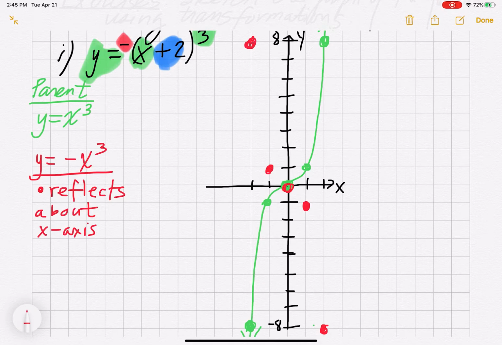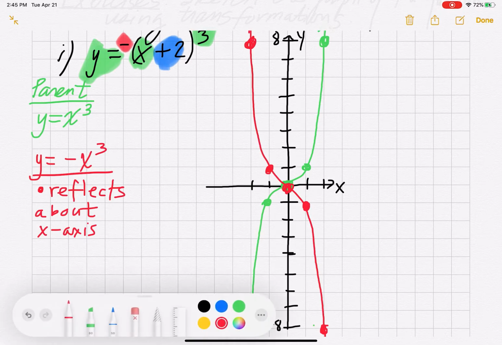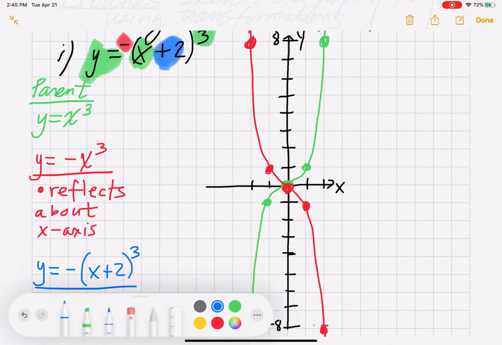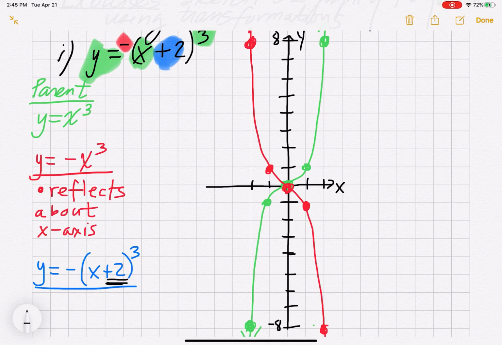And we're going to do something like this, and then going down like that. All right. Now, we got one more thing. We got a blue plus 2 inside the house, right? So we got y equals negative, parentheses, x plus 2 inside of the house, now that's cubed. What does a plus 2 do inside of the house?